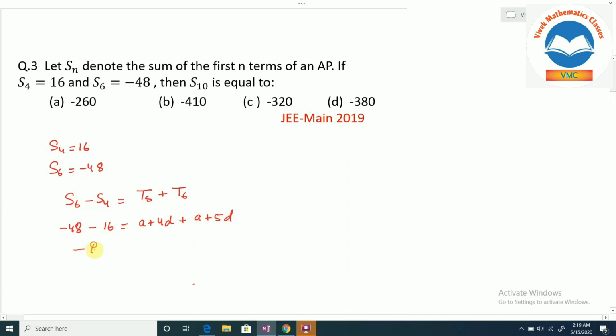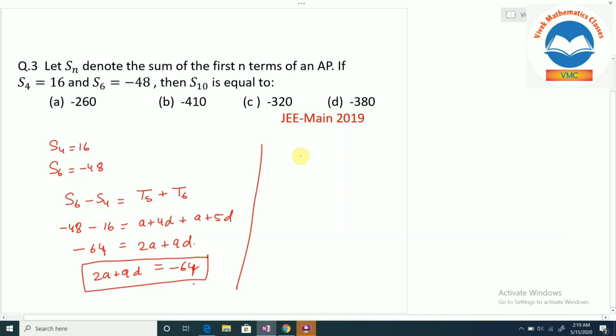So on this side we get minus 64 equal to 2A plus 9D. It means 2A plus 9D will be equal to minus 64. Whenever we need this, we will use it.